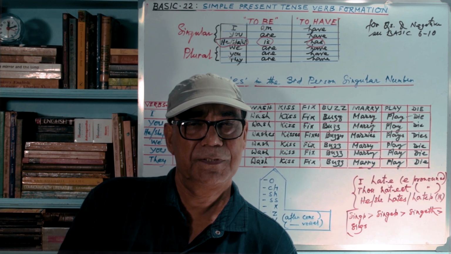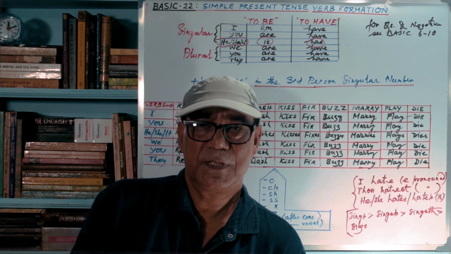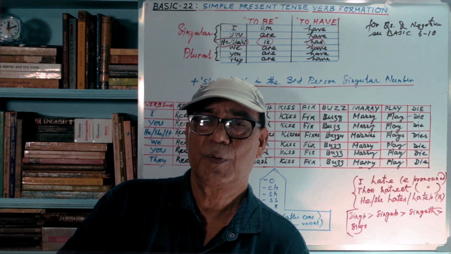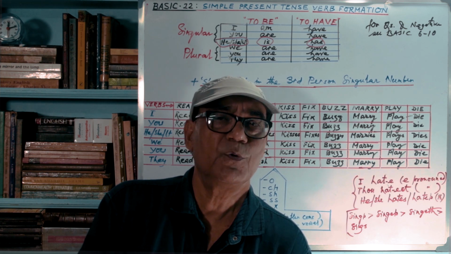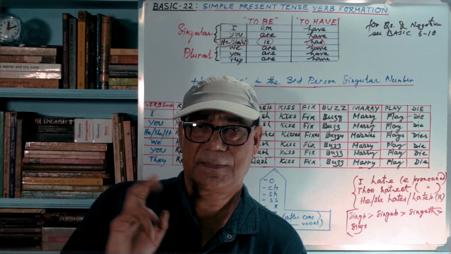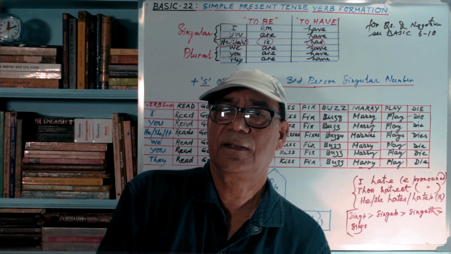What about third person? Everything other than first person and second person comes within the group of third person. In singular number, we have three items. He, if it's a man. She, S-H-E, she means a woman.